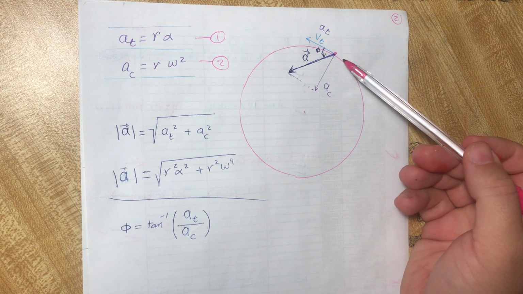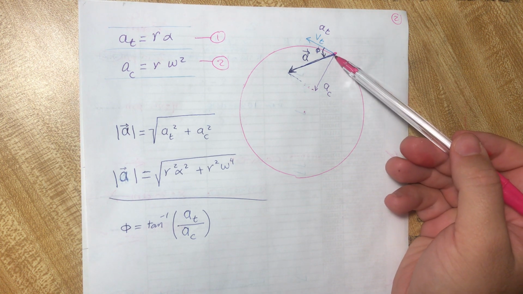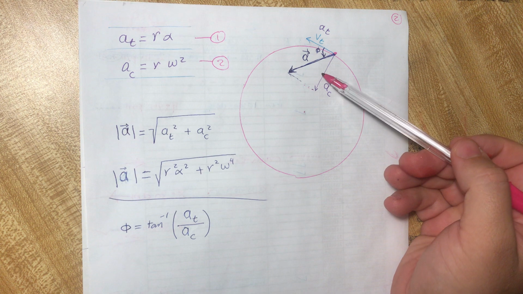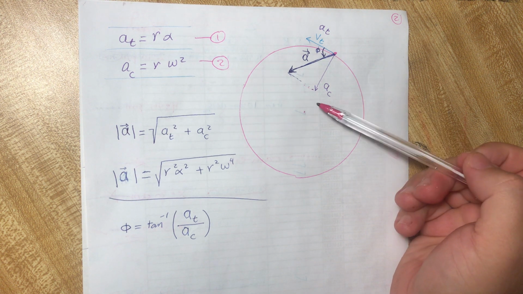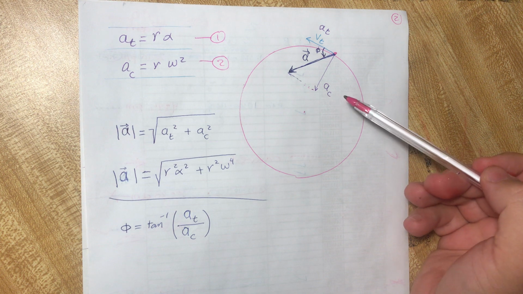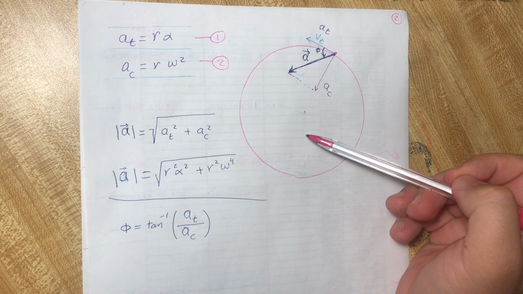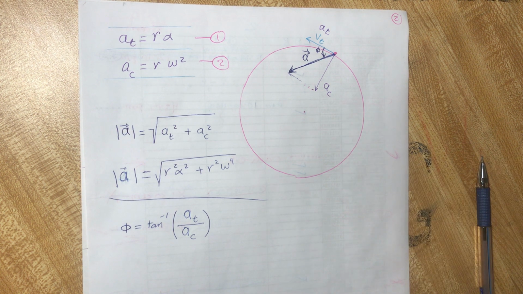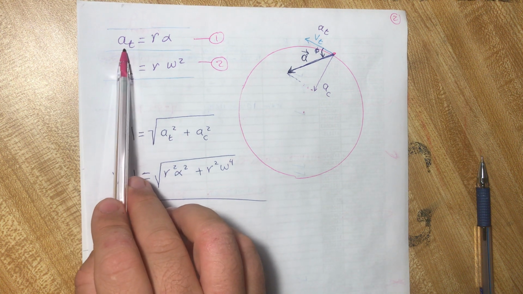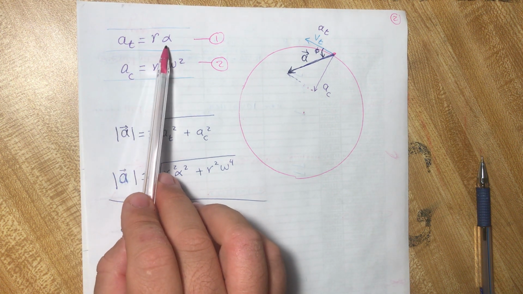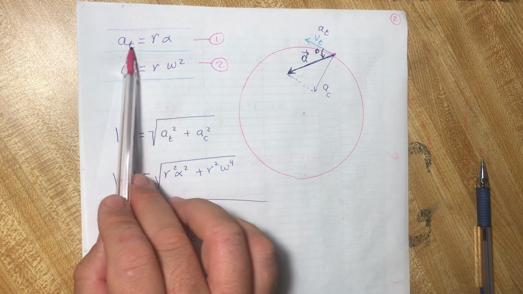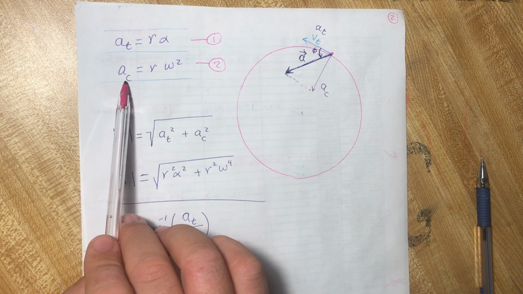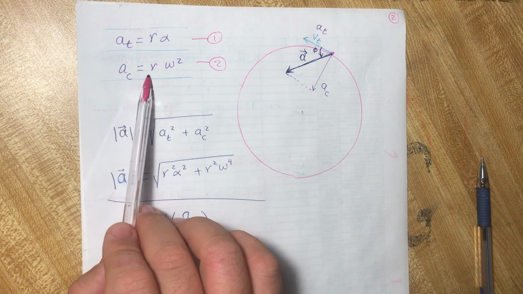By the way, because this body is changing its direction, it has a centripetal acceleration a_c. We found that a tangential is connected to the angular acceleration by this formula, and the centripetal acceleration is equal to r omega squared.